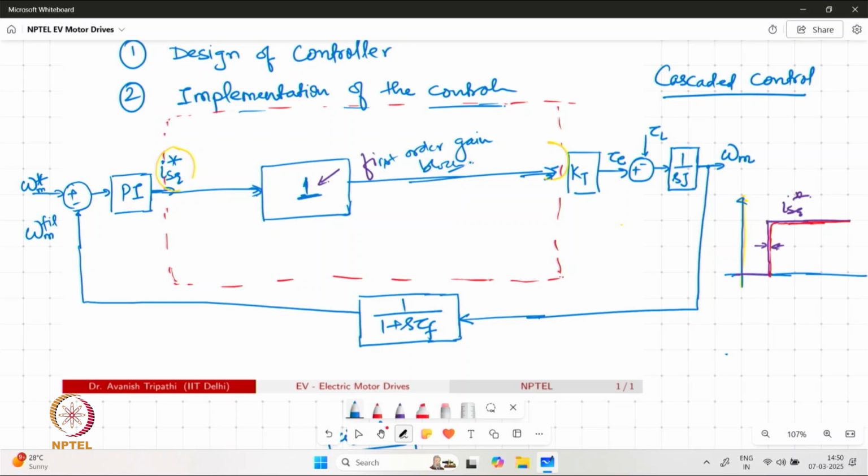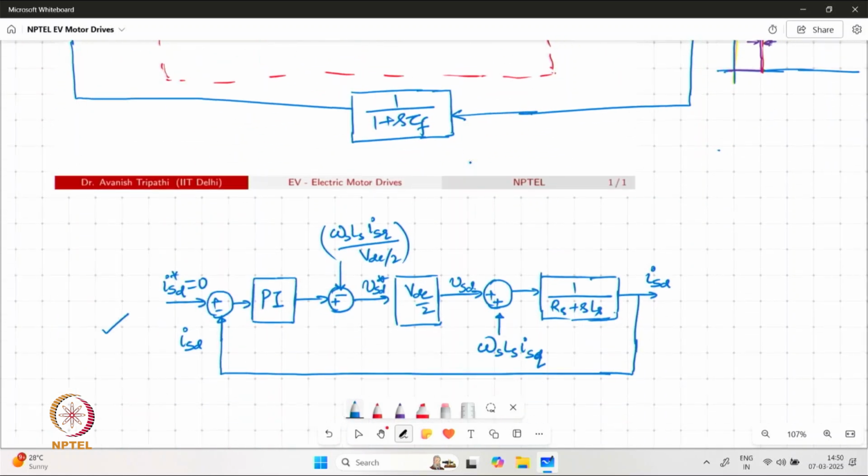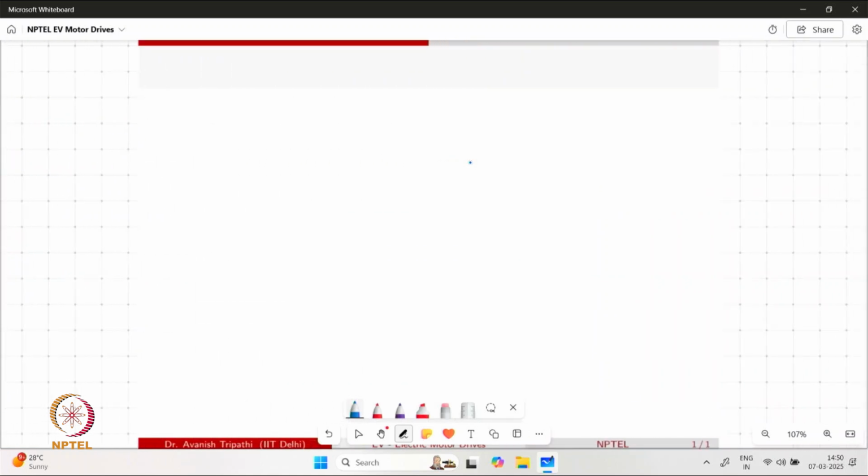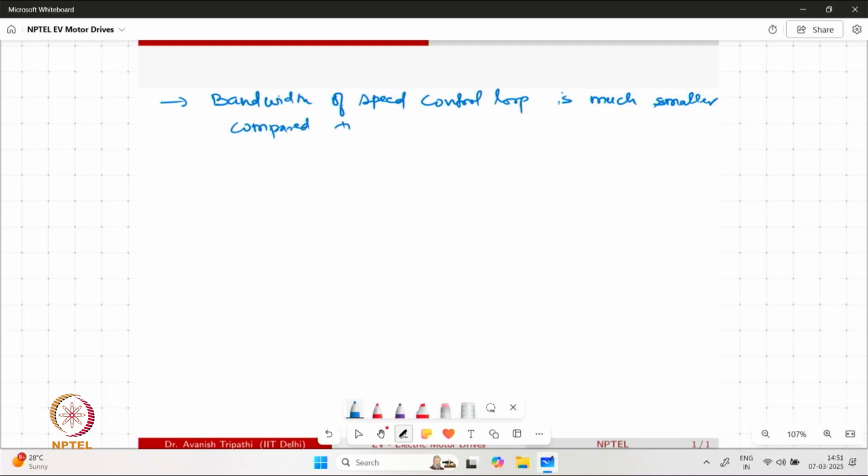So taking it further, we can conclude that the bandwidth of the speed control loop is much smaller compared to the bandwidth of the current control loop.